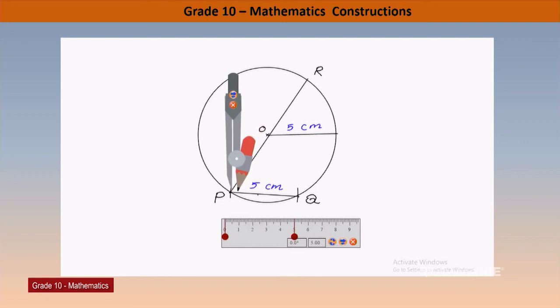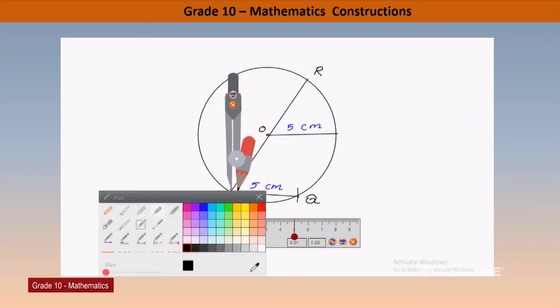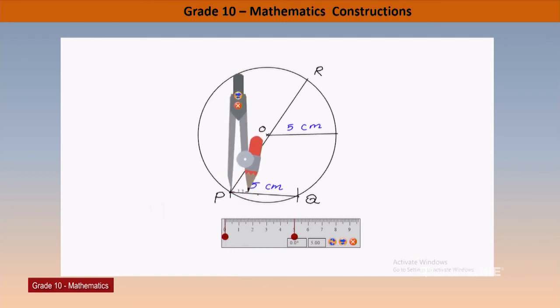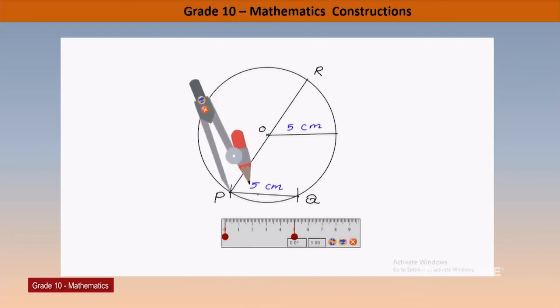Let us construct a parallel line through R to PQ. You can use either first method or second method or third method.